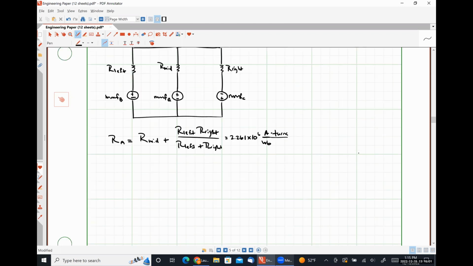All right, so since we know the equivalent reluctance seen by coil A, it's pretty easy for us to figure out the equivalent inductance seen by coil A, right?